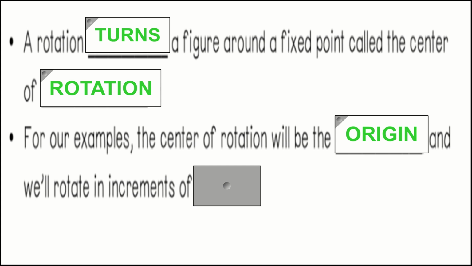When you get into higher levels of math, they might put a center of rotation elsewhere, but for 8th grade math, we're just using the origin. So the center of a rotation is always going to be 0, 0, where your x and y axis meet. And all of our rotations are in increments of 90 degrees. So we've got 90, 180, 270, and that's really it. The next one will be 360, but a 360 rotation just takes you right back where you started, so they don't do those.